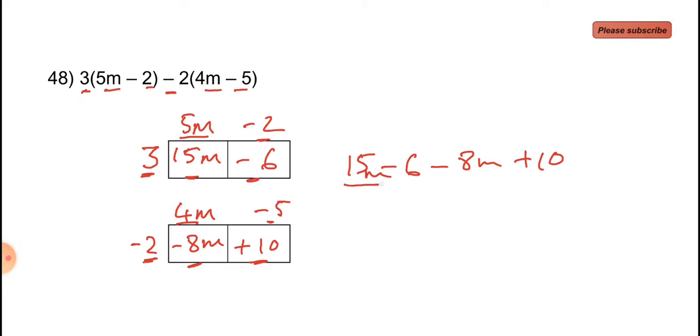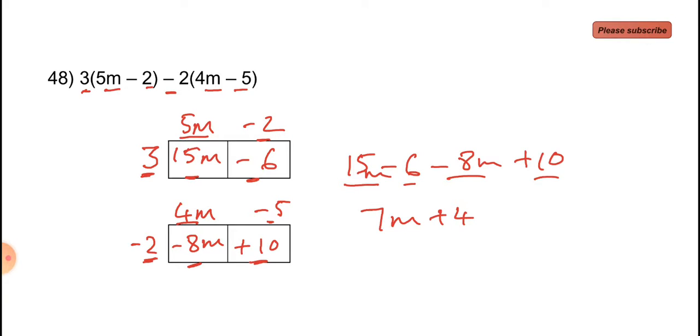So 15m take away 8m is 7m, and minus 6 add 10, so if you start with minus 6, then going to add 10 is plus 4.